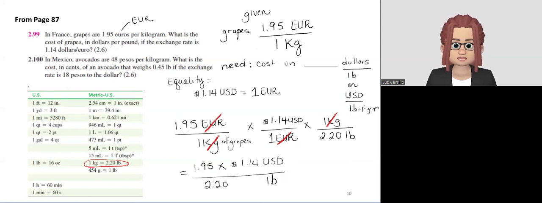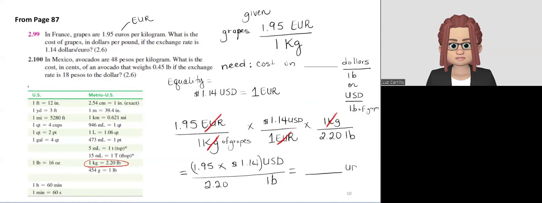So in our calculator, what we enter is we take 1.95, we multiply it by 1.14, then we divide it by 2.20, and we observe that we have a calculator display with many digits.